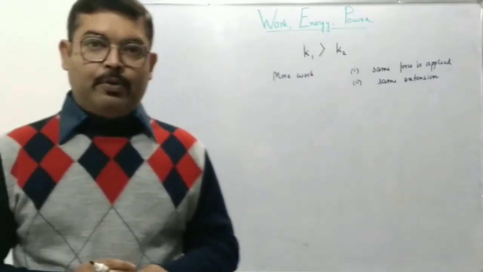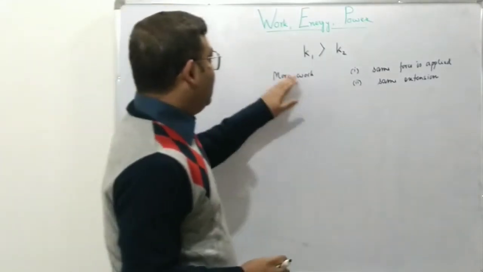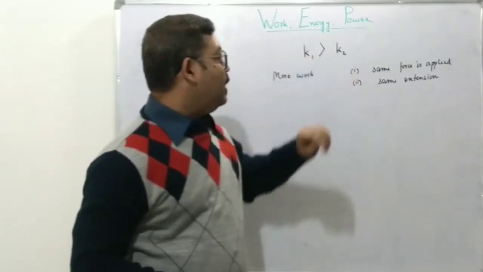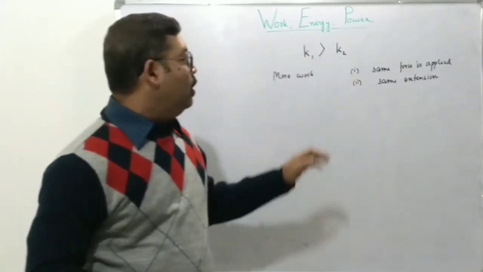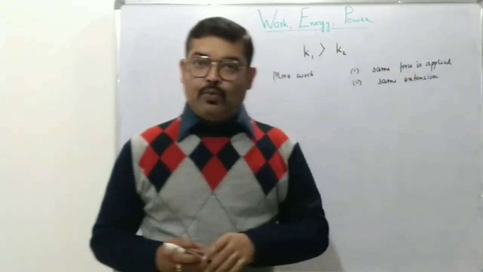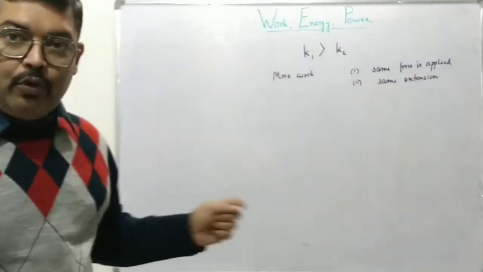So let's break the problem into two parts. First, we need to find, if we have these two springs whose spring constants are K1 and K2 such that K1 is greater than K2, if the same force is applied to both of them, how much work will be done in both of them?